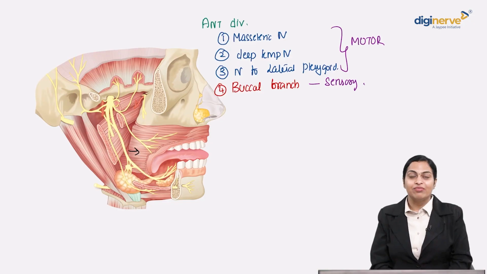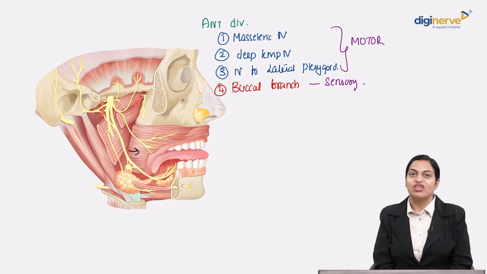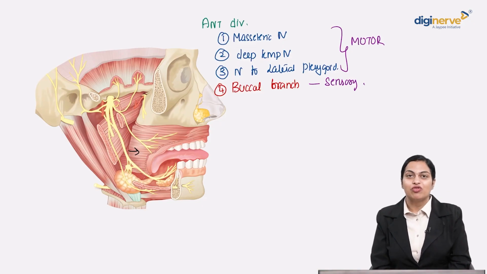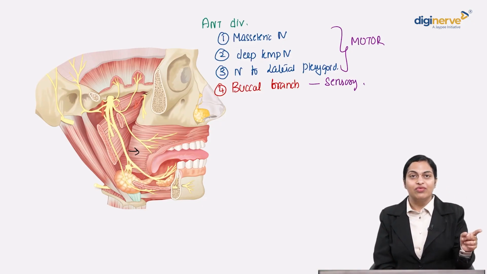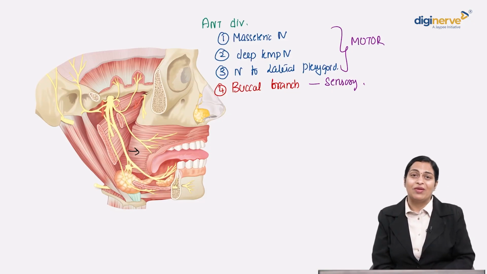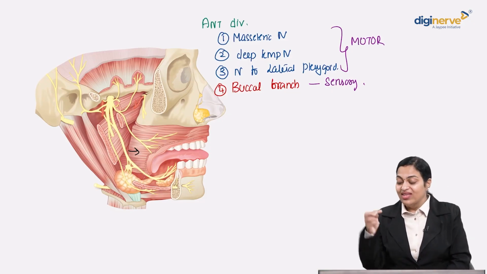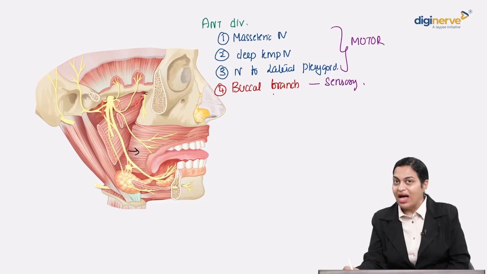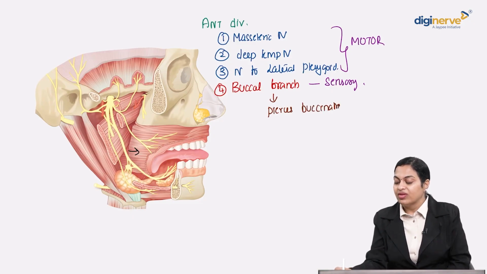This buccinator muscle is supplied by the buccal branch of the facial nerve, the lower buccal branch of the facial nerve. So you shouldn't confuse this buccal branch of the facial nerve, which is motor, with the buccal branch of the mandibular nerve. Another thing is that the buccal branch of the mandibular nerve pierces the buccinator muscle to supply the skin of the cheek, right?